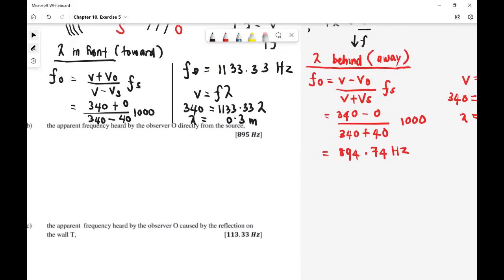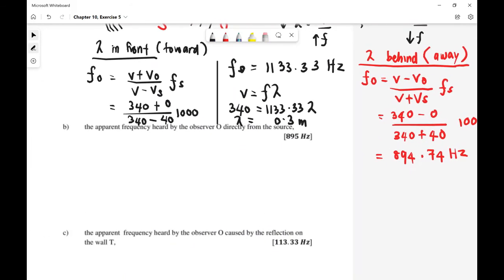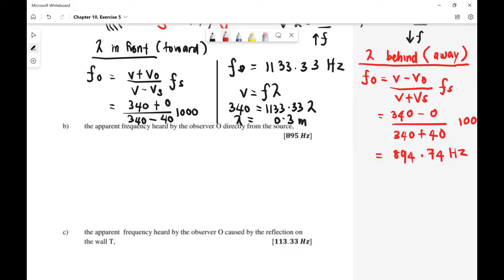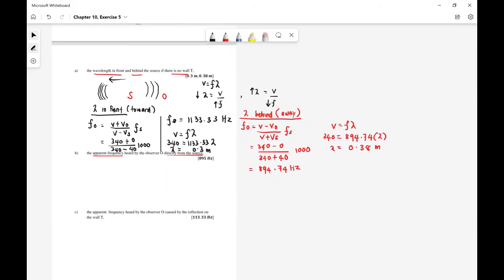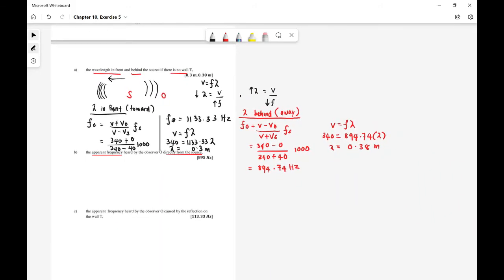And then question B, the apparent frequency, maksudnya frequency heard by the observer O directly from the source. Soalan ni sebenarnya kita dah jawab dekat soalan A tadi, dekat move away, lambda behind ni.